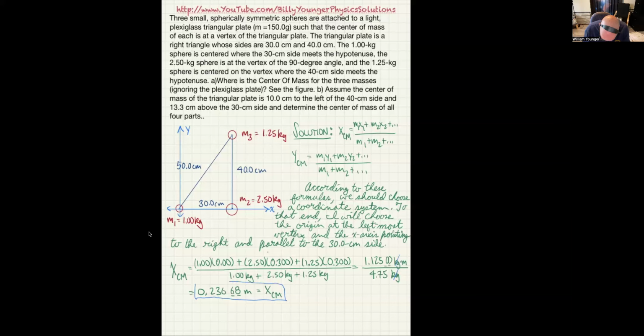Now I can do the same calculation for the Y center of mass using the Y values that I already mentioned to you. Here we go. YCM is going to be equal to 1.00 times, in this case, the Y is also 0.00, plus 2.50 kilograms times 0.00 meters is again Y. And then finally, we got one that has a Y that's not equal to 0, and that is the 1.25 kilograms times 0.400 meters.